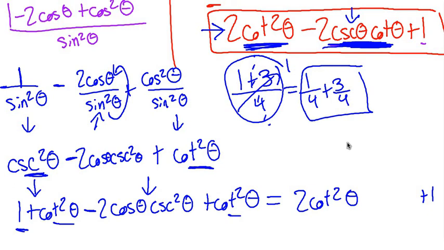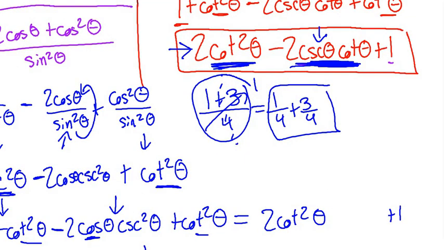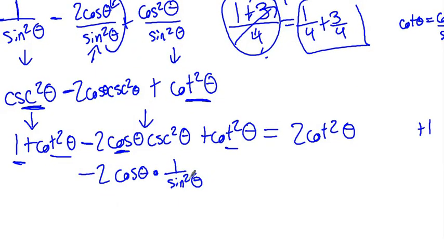When in doubt, change things into sines and cosines. So we already have a cosine right here. Okay, and I know we just changed the sine into cosecant, but I just want to do this one more time so you can see. So this is the same as 1 over sine squared. Why would we do this? Because notice that we're looking for a cotangent. And cotangent, just to recall, is the same as cosine over sine. So how could we get a cosine over sine out of this?